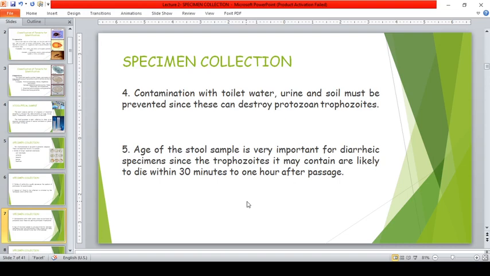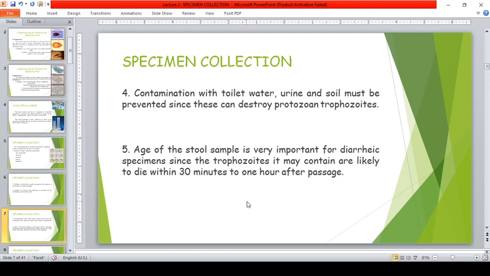Okay? So trophozoites also, guys, they are killed by refrigeration. So, namamatay ang trophozoites kapag nire-ref yung sample. Aside from that, helminth eggs and protozoan cysts are not damaged by refrigeration.